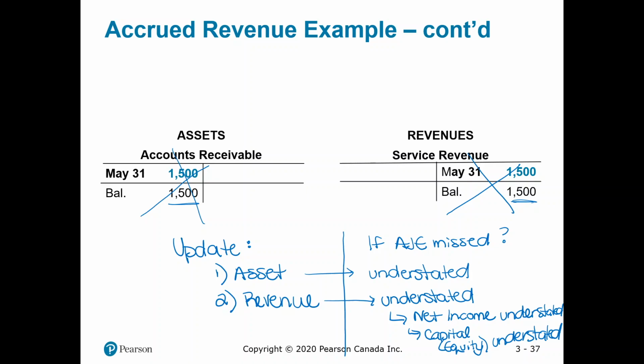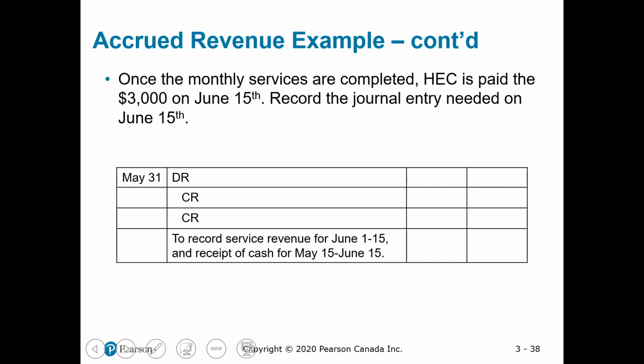Okay, so accrued revenues, we've earned it, but no cash yet. But what happens when we actually do receive this cash? So once the monthly services are completed, HEC is paid this $3,000 on June 15th. So we've got this cash, we need to record the journal entry for that.